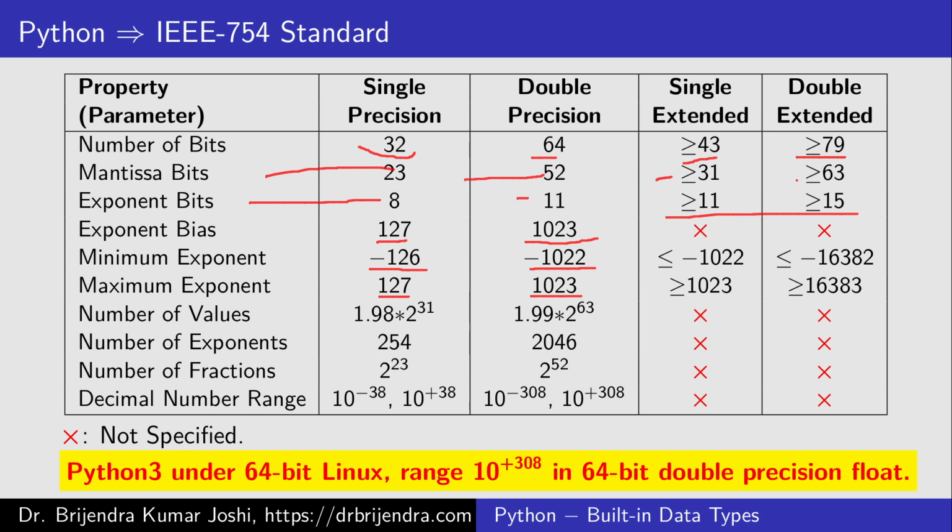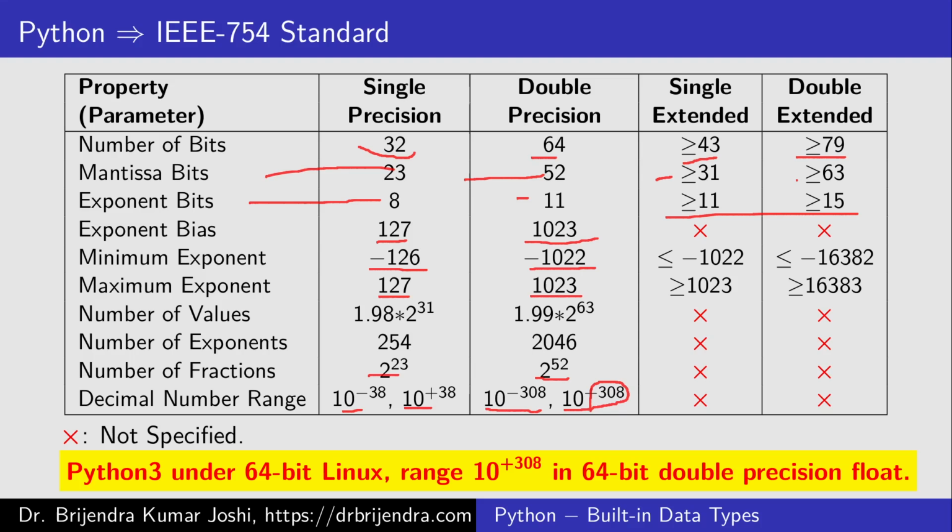Now you can see here the number of fractions, 2 to the power 23, here 2 to the power 52, and the decimal number range. In this case 10 to the power minus 38 through 10 to the power plus 38. This is also a huge range, but see here it is 10 to the power minus 308 through 10 to the power plus 308.